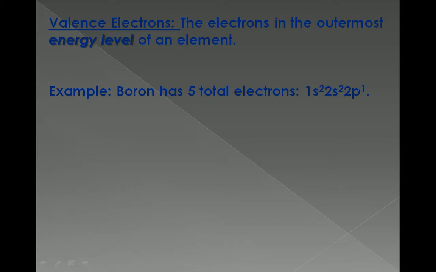If I were to ask where the outermost energy level is, all you have to do is look for the biggest number out front. Boron is in the second row, so it has 2 energy levels. Any electrons in that second energy level, which is farther away than the first, would be your valence electrons.